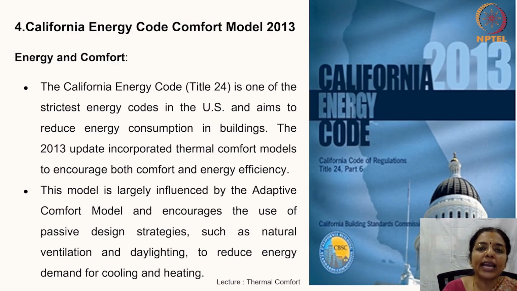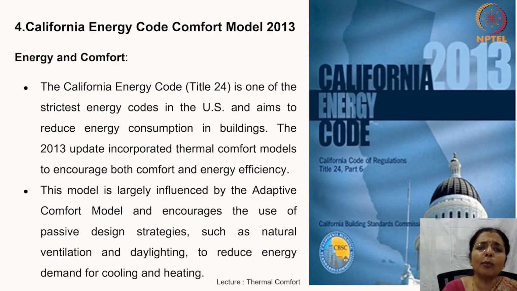The California Energy Code is one of the strictest energy codes in the US, and this aims to reduce energy consumption in buildings. The 2013 update incorporated thermal comfort models to encourage both comfort and energy efficiency.